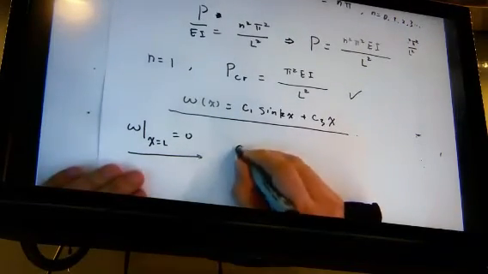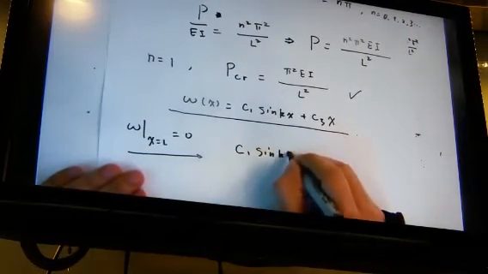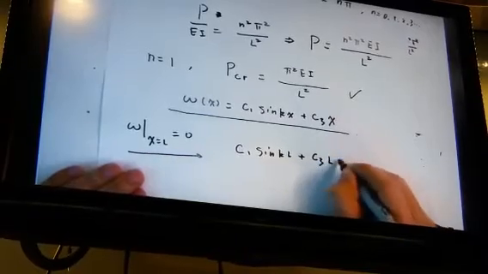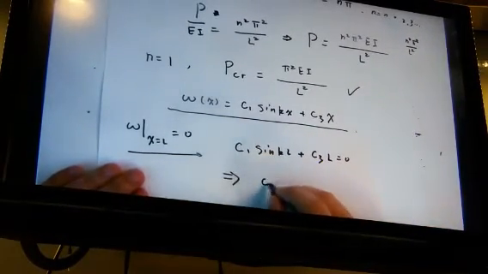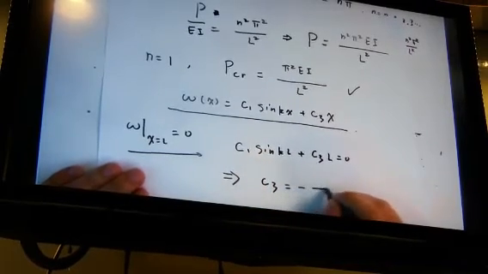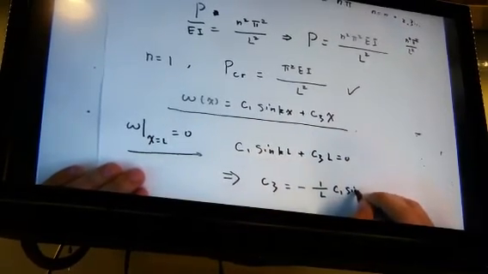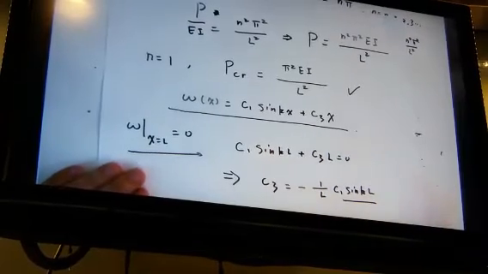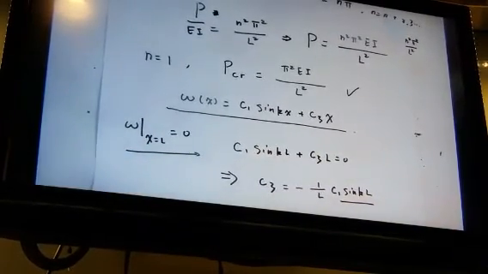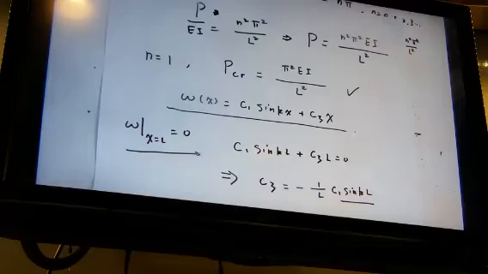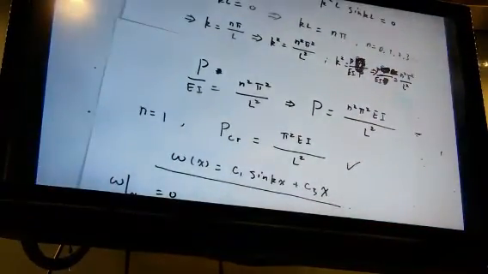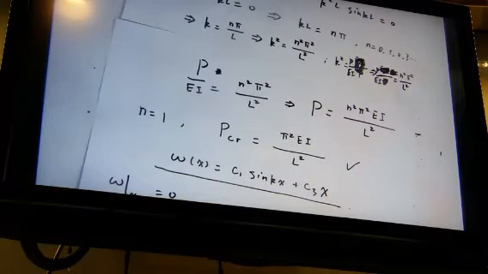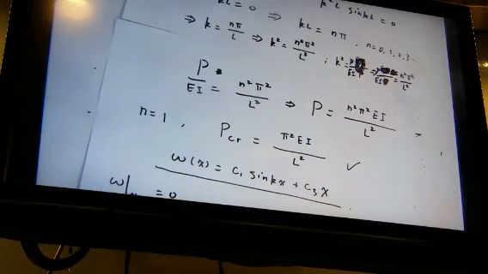So if you use this boundary condition, C1 sine kL plus C3 L equals 0, and then from this you can derive C3 equals minus C1 sine kL over L. What is sine kL? What is kL? kL equals n pi, right? So sine kL will be 0.